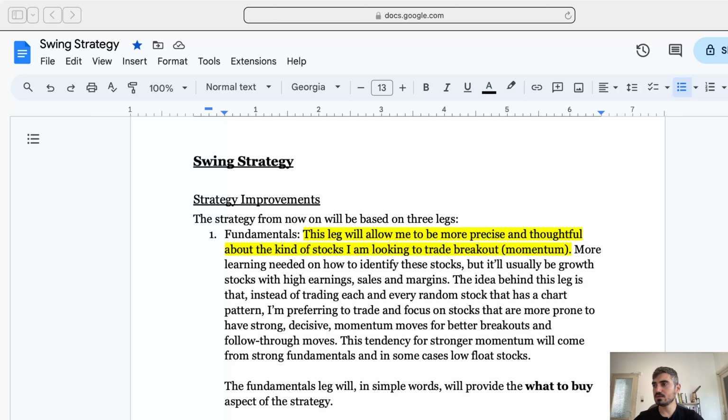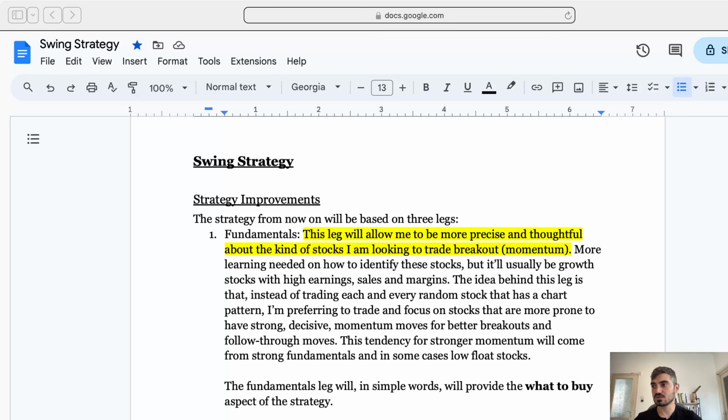So this leg will allow me to be more precise and thoughtful about the kind of stock that I'm looking to trade breakout. More learning needed on how to identify this stock, but it will usually be growth stocks with high earnings, sales, and margins. The idea behind this leg is that instead of trading each and every random stock that has a chart pattern, I'm preferring to trade and focus on stocks that are more prone to strong, decisive momentum moves for better breakouts and follow-through moves.